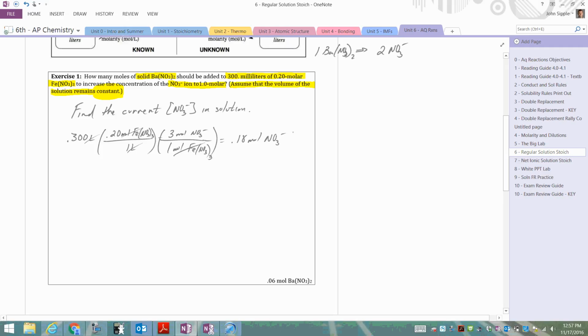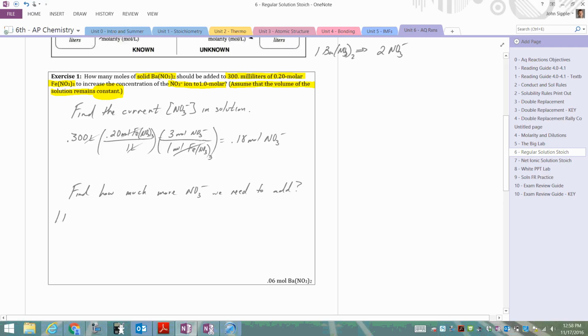So we know the moles of nitrate in solution. Now the next thing we want to do is find out how much more nitrate we need to add. What do we know?